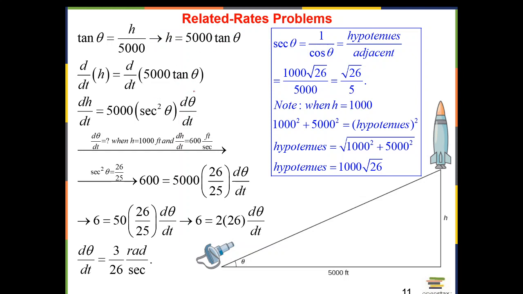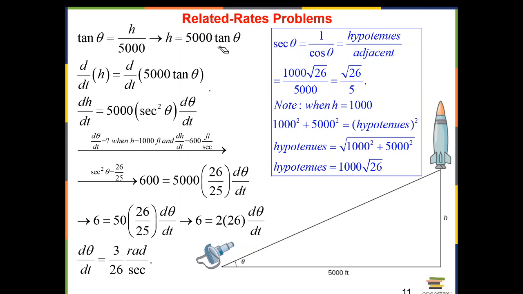So what do we do? Well, we're going to think of this as a relationship between the variables and take the derivative with respect to time. So what's the derivative of h with respect to time? dh/dt. What's the derivative of 5,000 tangent of something? It would be 5,000 secant squared of something times the derivative of something, because that something is a function of t.